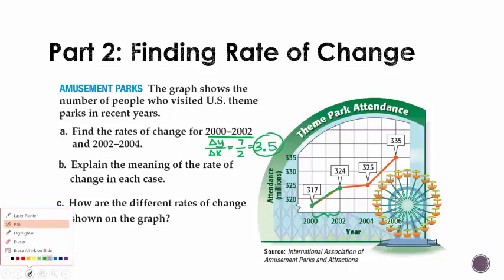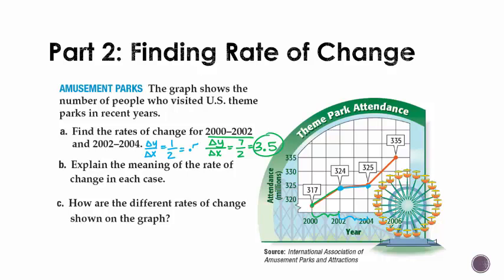Now if we do the same thing from 2002 to 2004, it only went up 1 on the y, but it was still 2 years, so 0.5. So explain the meaning of the rate of change. We got to go over here and look and see. Attendance in millions per year.